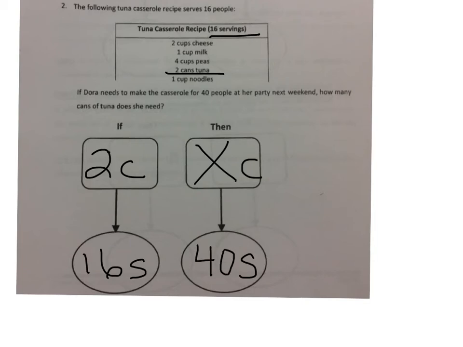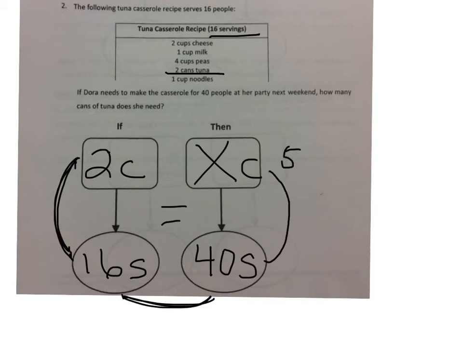When we want to solve these, we want to see if they're equal. Multiplying on the bottom doesn't work real well. I don't know how many times bigger you're getting on the bottom, but we could look at this. This is getting 8 times bigger. So in other words, the bottom to the top, we're dividing by 8. If we just did the same thing here and divided by 8, that would be a 5, because 5 times 8 is 40. So our answer is you need 5 cans of tuna.